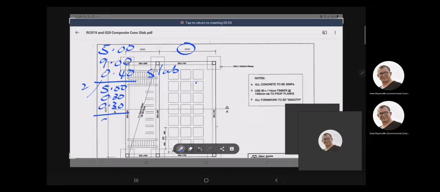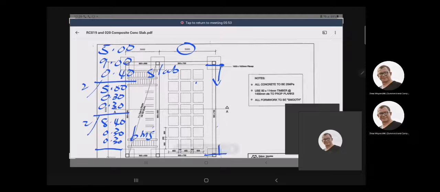I also have my dimension of 8 meter 400 by my 300 by my 300, which goes 2 of those, and that is for my beams, and that is where I get my 8 meter 400 from.